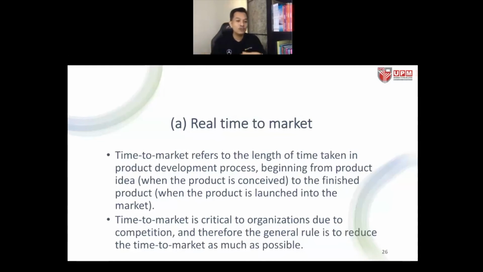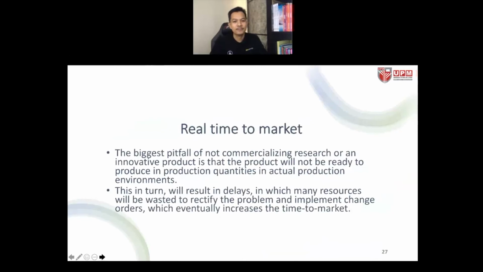So they don't launch it together. They have a strategy for when to launch. They have a niche market for each segment of their car, and therefore the general rule is to reduce the time to market as much as possible, because you do not want to wait 10 years to launch another car. So you have a gap of 1 or 2 years to have your product launch.